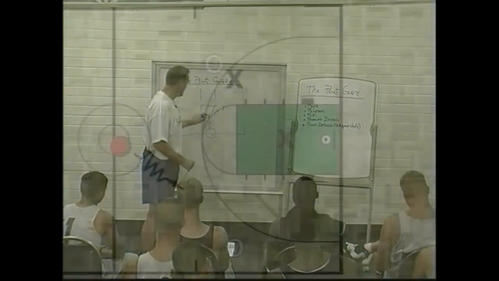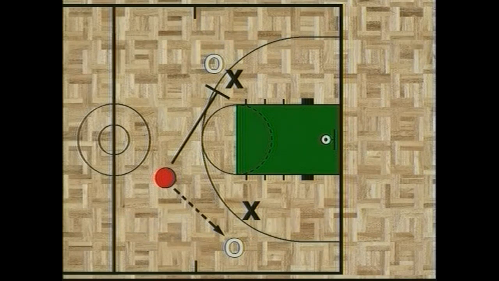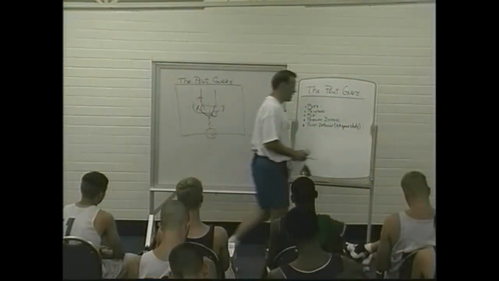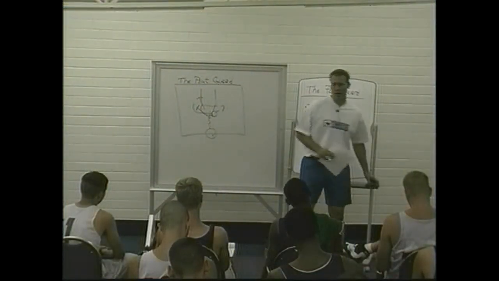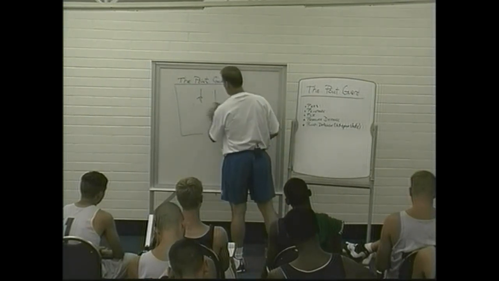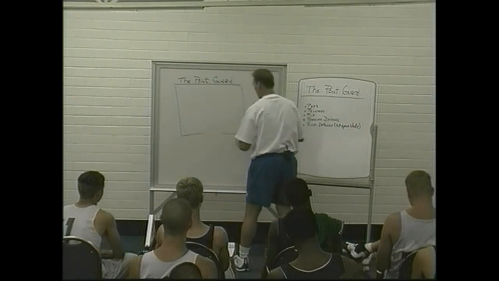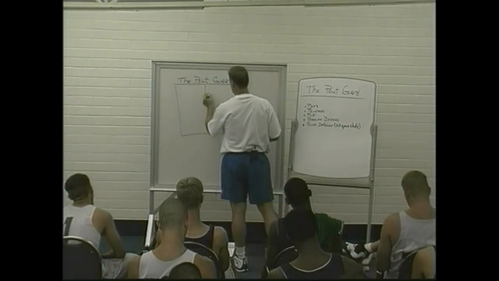What they need to be doing immediately is going and screening away or freeing somebody up. This allows the offense to get into motion. Almost every offensive play that is run has picks or screens involved in it, almost inevitably. Unless you're talking about some kind of a delay game, and that's a different scenario.